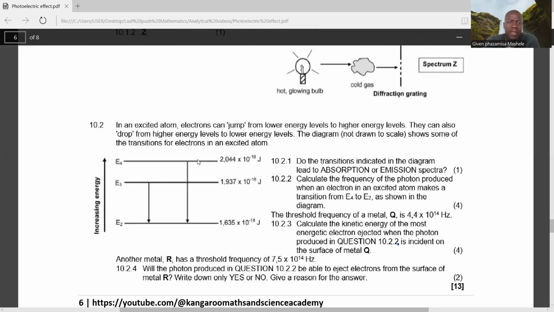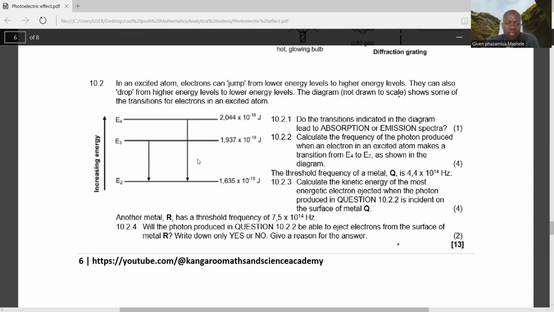10.2 says, in an excited atom, an electron can jump from a lower energy level to a higher energy level. They can also drop from a higher energy level to a lower energy level.